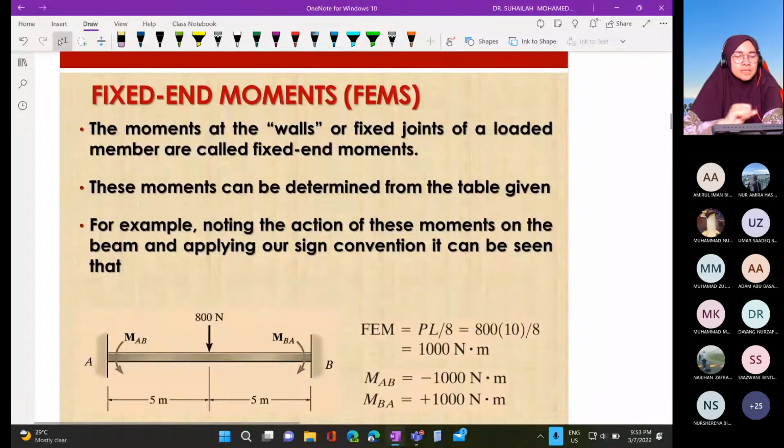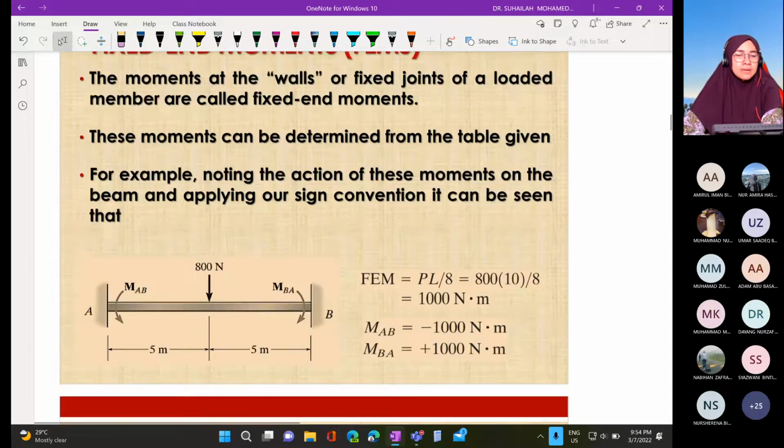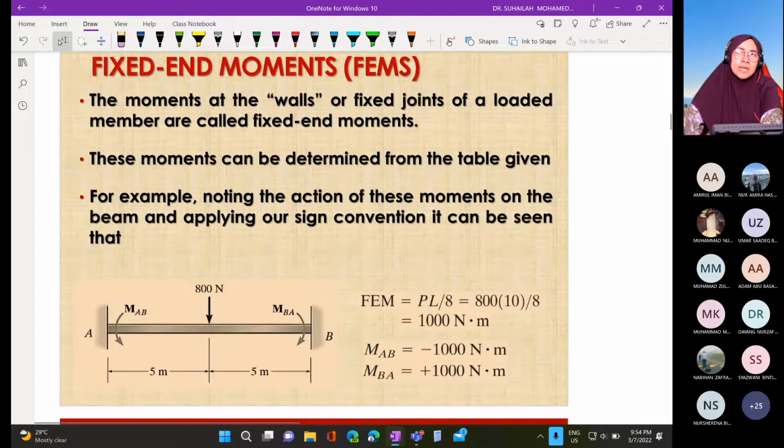Okay, next term, the fixed end moment. You can refer to the same appendix as the stiffness method, appendix page 3. Fixed end moment, under the stiffness method, we also call equivalent element nodal forces. Equivalent element nodal forces is fixed end moment.